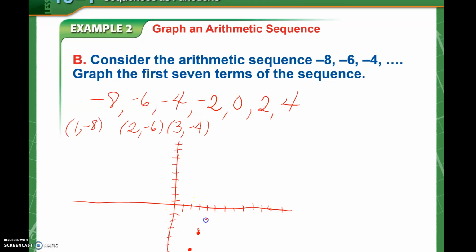We're going to graph all of those. 5, 0. 6, 2. And 7, 4. Looking at these, notice that these are all linear. So arithmetic sequences are linear. That's going to be key as we continue to study these.